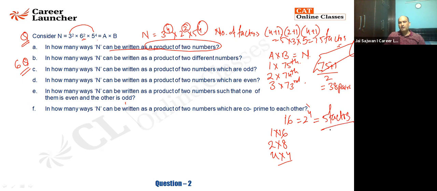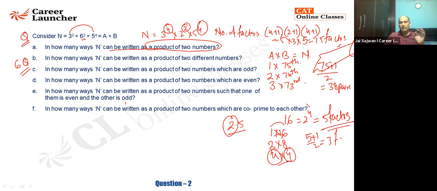So how many pairs are going to form? I'll say 5 plus 1 by 2, so 3 pairs are going to form. Why? The answer would come out to be 2.5 pairs. I know 2 pairs are there where both numbers are different. But because it is a perfect square number, any perfect square number will give you an odd number of factors.